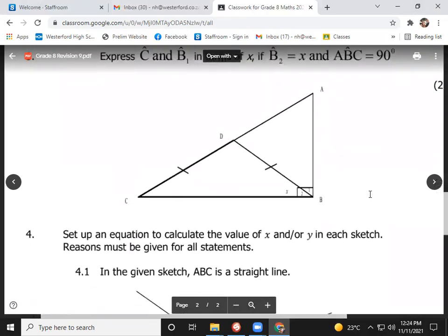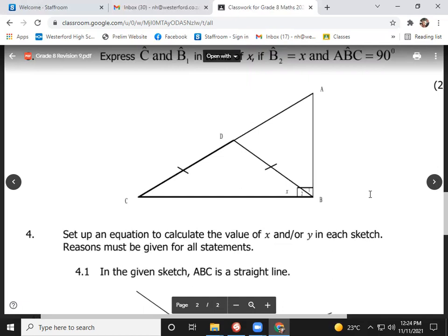What if they didn't tell us that this was 90? What if they just said that this whole angle is Y, and that angle is X? Now what is B1? Then you just write that it's big angle minus the other part. Right? Does that make sense?